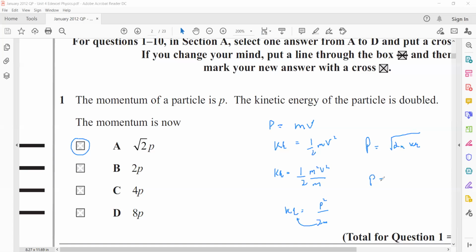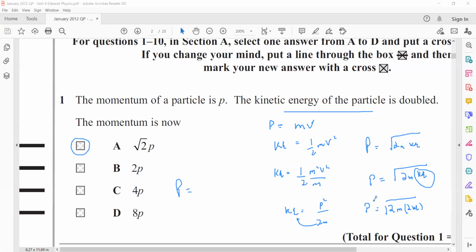That's a formula which relates momentum with kinetic energy. So momentum is equal to under root of 2 into mass into kinetic energy. They mentioned the kinetic energy is doubled, so this becomes 2KE. So this will be under root of 2m into 2KE. When we solve, under root 2mKE is equal to p.